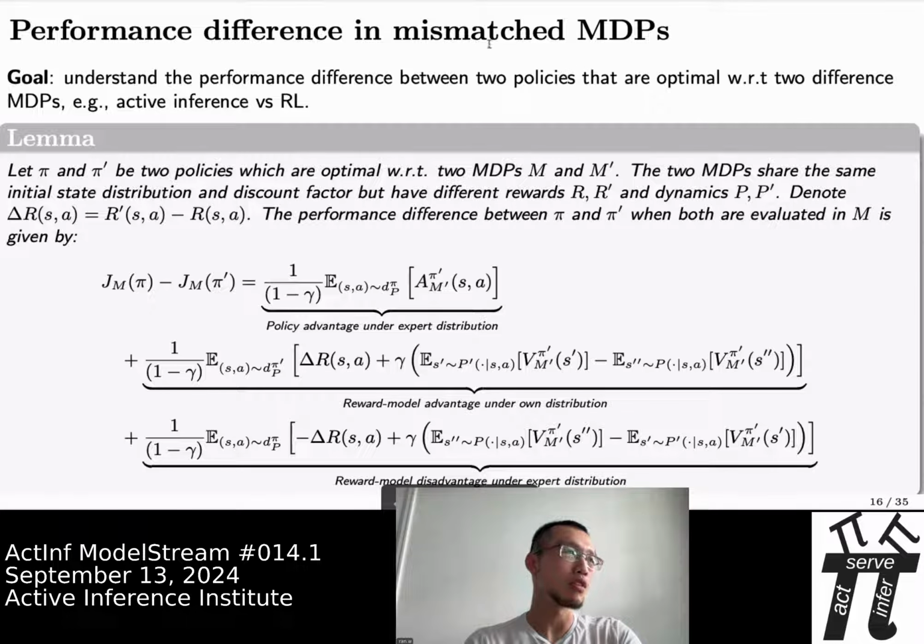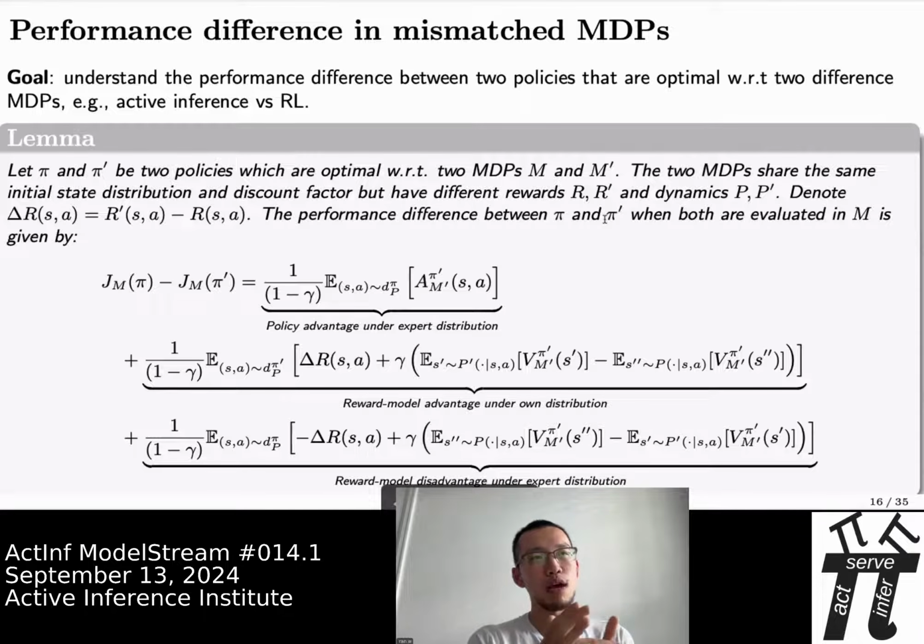What this lemma goes on to say is that we're going to look at the performance difference between these two policies, but both of them will be evaluated in environment M. Because policy pi is by definition an optimal policy for MDP or environment M, there's no way that pi prime is going to do better than pi.